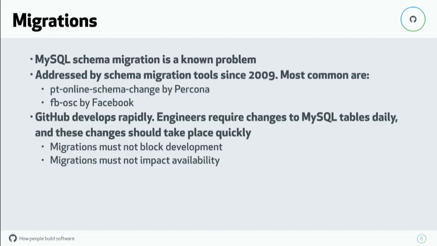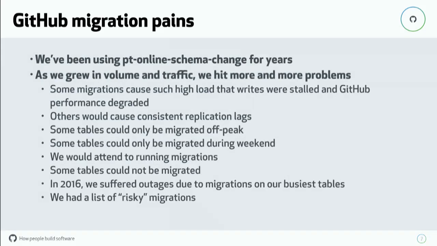Point being, we need our migrations to be able to run. We can't block things, and we can't take down github.com to do it. Which is to say, we have taken down github.com doing migrations in the past using PT Online Schema Change.